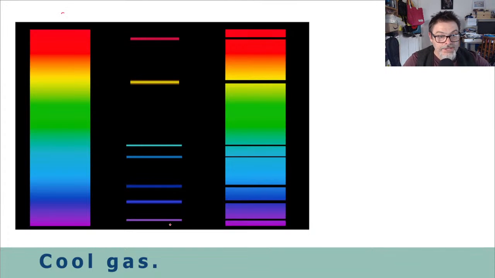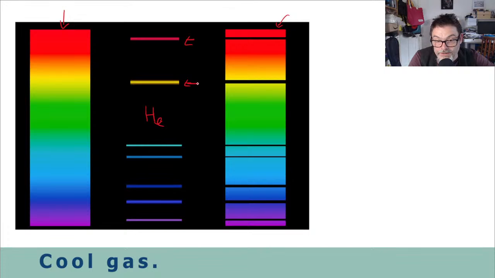So anyway, here's a slide which combines an emission spectrum and an absorption spectrum. On the left we have our continuous spectrum. So let's just say this is in fact for helium gas. So this is the emission spectrum you get. In other words, if you excite helium gas, it will give off just these lines. But if alternatively you shine white light through helium gas, then you'll get this lovely absorption spectrum.